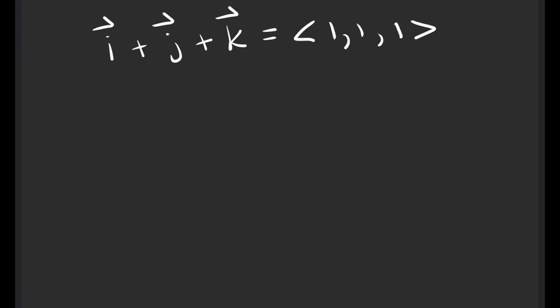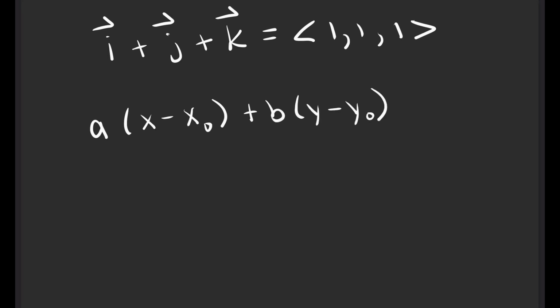And now we can use our formula for a plane, which is a times x minus x naught plus b times y minus y naught plus c times z minus z naught, all equal to 0.